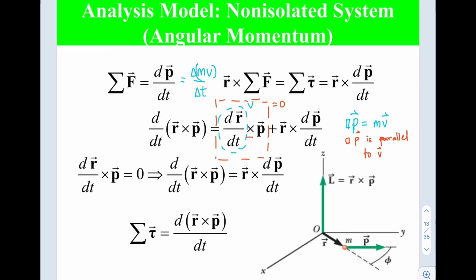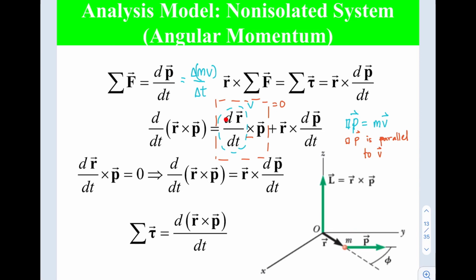So how to solve this one? We may put it like this. The one that is going to change could be r, or the one that is going to change is P. So if we want to solve this, it will be dr over dt cross P plus r cross dP over dt. This is a formula on how to solve it mathematically.